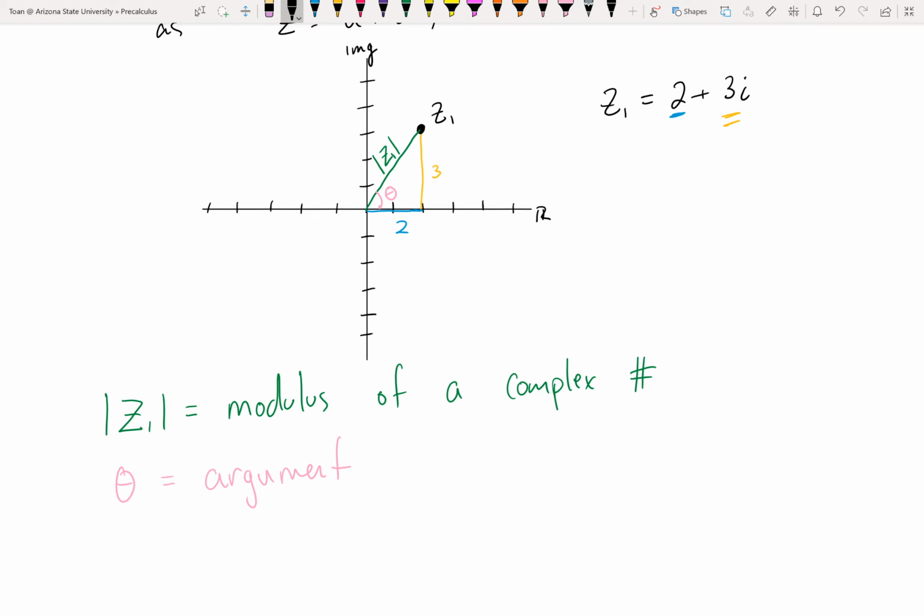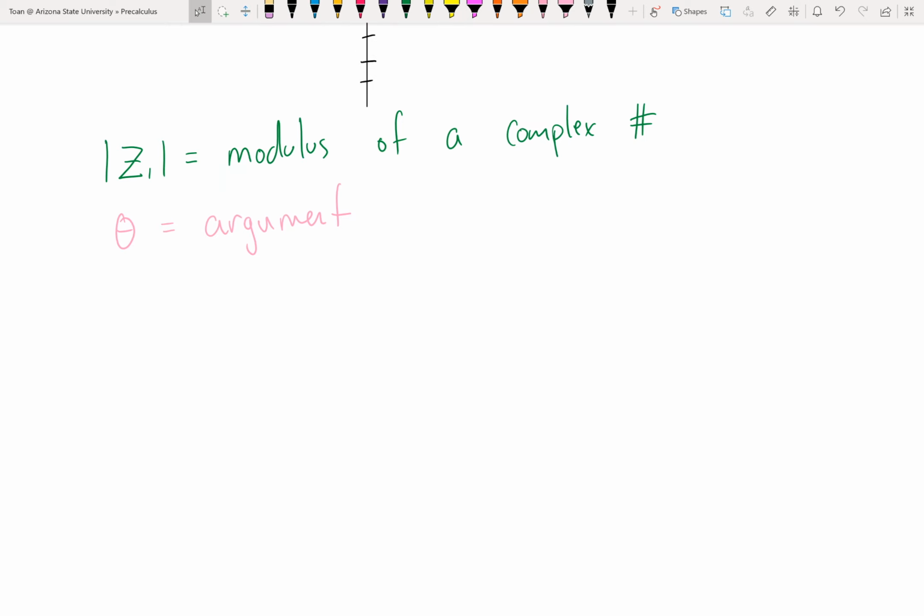But just for the sake of uniformity, for the sake of completeness of the notes, let's go ahead and rebuild those bridges. So without using specific numbers, for any complex number, let's call it z here, I know it has the structure a plus bi. That means this length here is a, this length here is b.